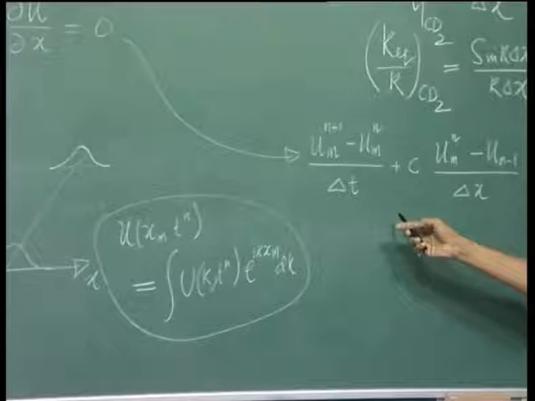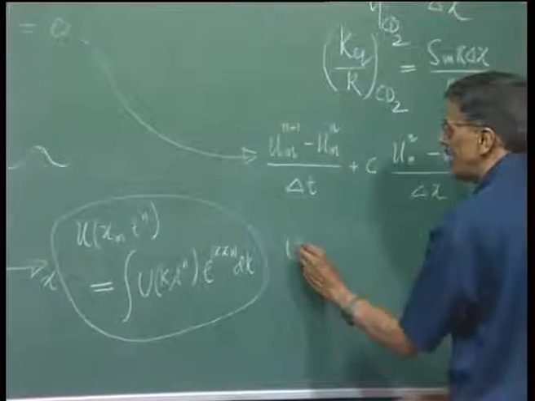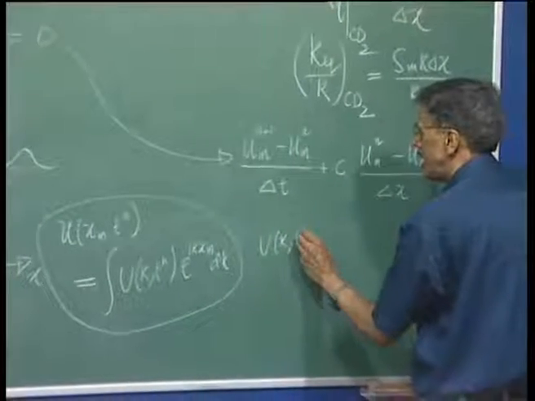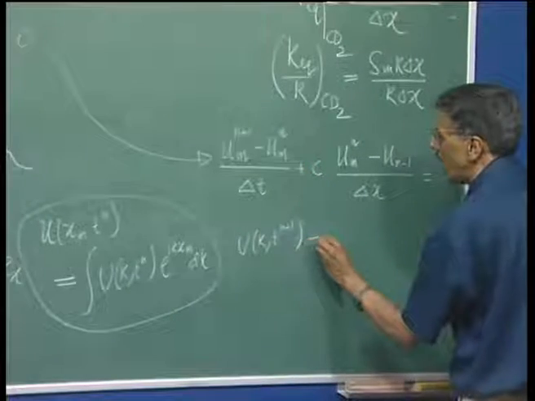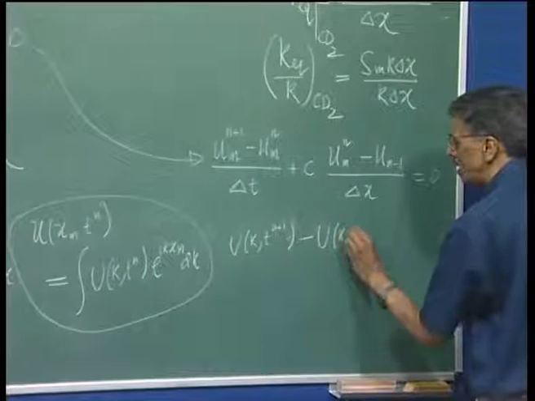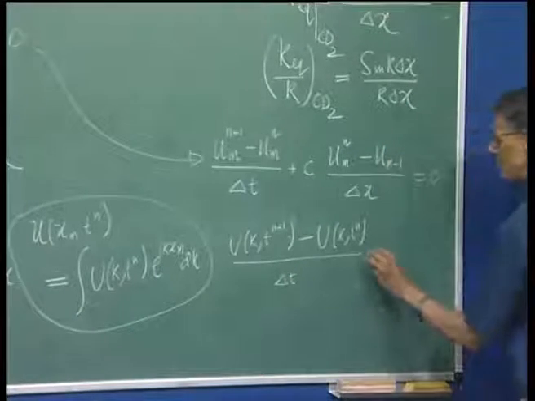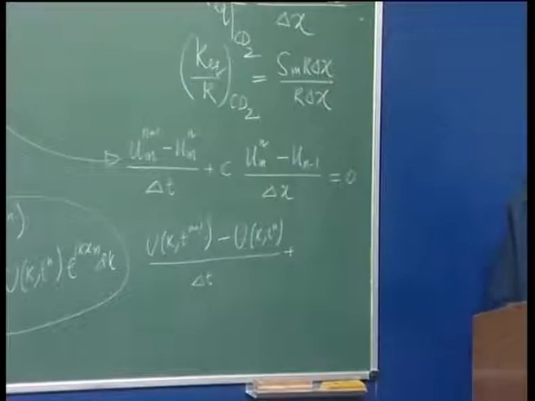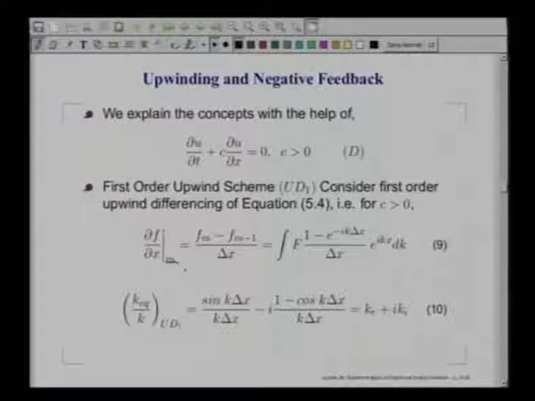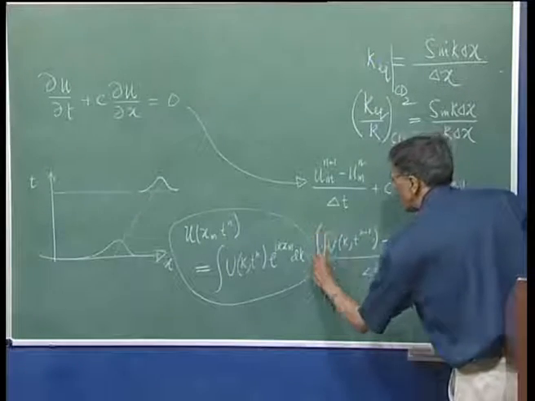So, I can substitute it there. So, what we are going to get is basically from here I will get u of k t n plus 1, and from here I will get u of k t of n, and this is divided by delta t, and c, what am I going to get here? What I have just now written here. This is the expression that is given. So, what we are going to get? So, this whole thing that we are writing comes under the integral sign.